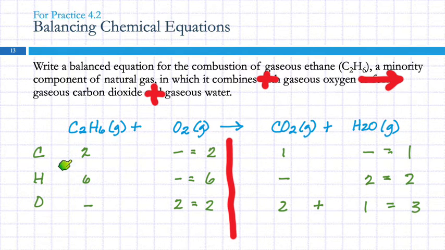And you end up going in circles, and nobody likes that. So I have a total of 2 carbons on the left side. I have 1 on the right side. How can I make there be 2? I can put a 2 in front of CO2. So that changes this to 2 carbons, but it also changes the oxygens, so I have 4. So now this is 2, and this is 5.